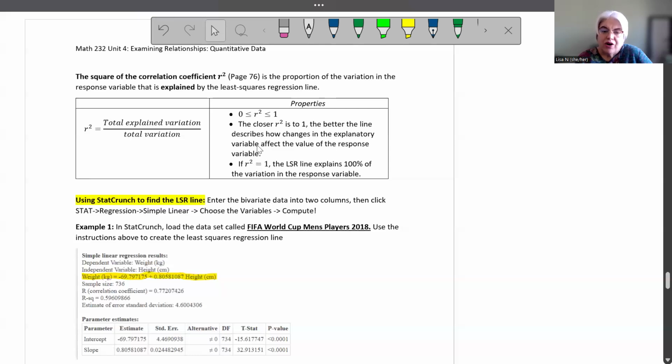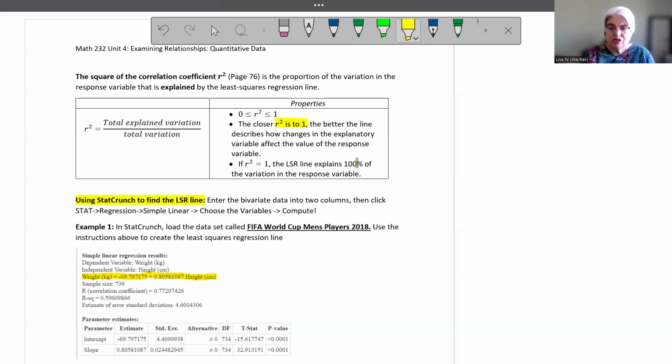Like R, the closer you are to 1, the better the line describes how changes in the explanatory variable affect the value of the response variable. So this is basically saying, how much can we say that these two variables are interacting with each other? Now, does R squared usually equal 1? No, but we're looking for a higher number.